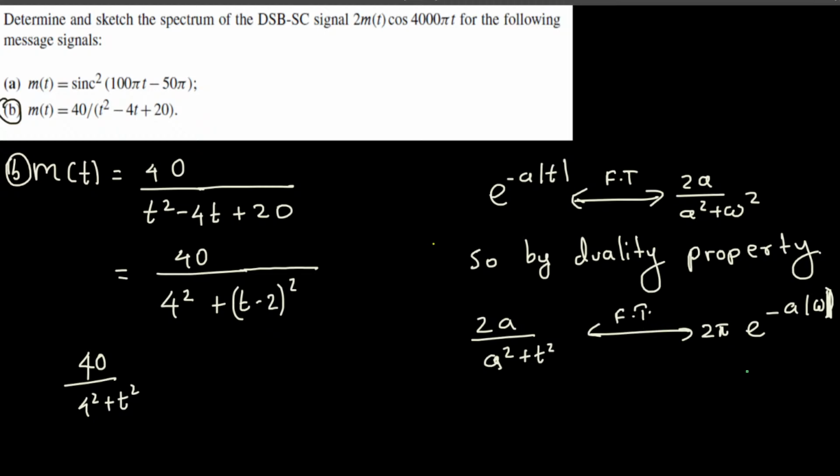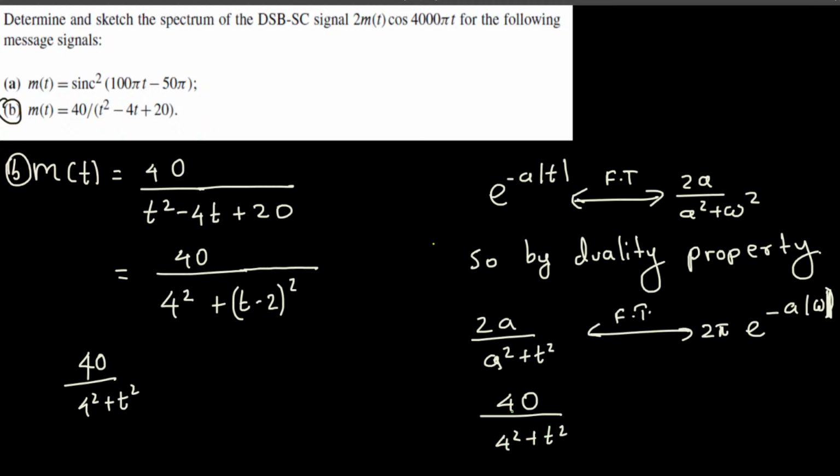So if we have this, then now we just have to plug in the values we have. What we have here is 40, and in the denominator we have 4² plus t².